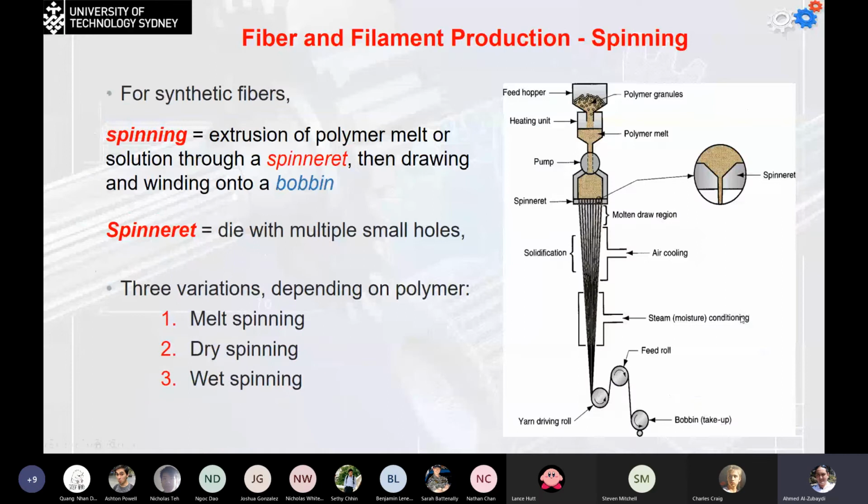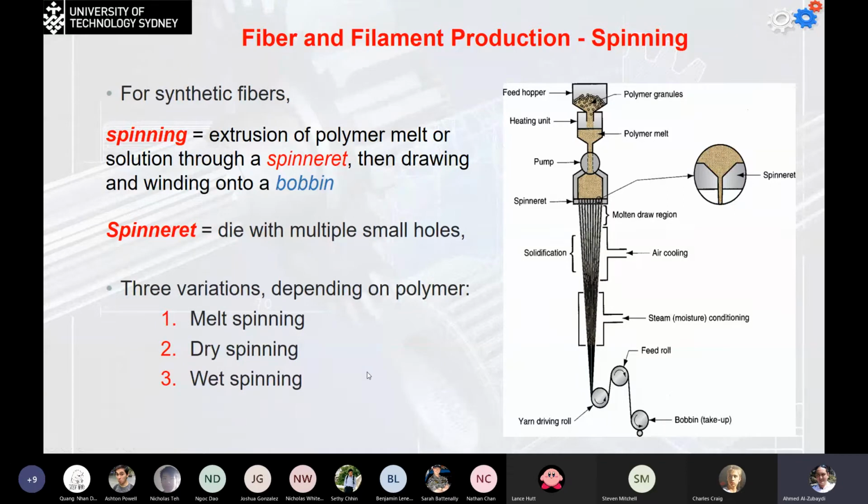Simply put, the spinneret works like a sieve, but with rotation at the same time. As you can see here, we have the molten draw region, then we cool it down by air, and we roll it until we have the take-up at the end.